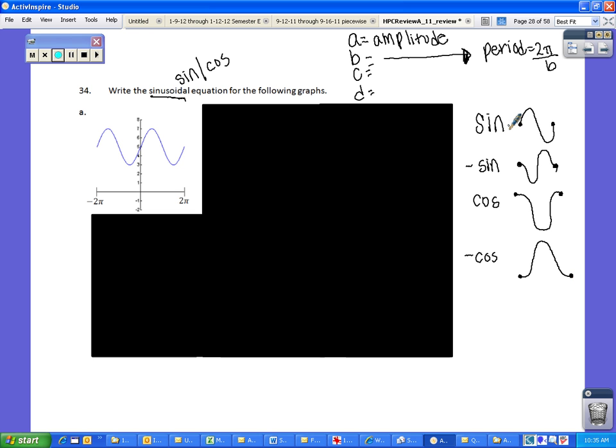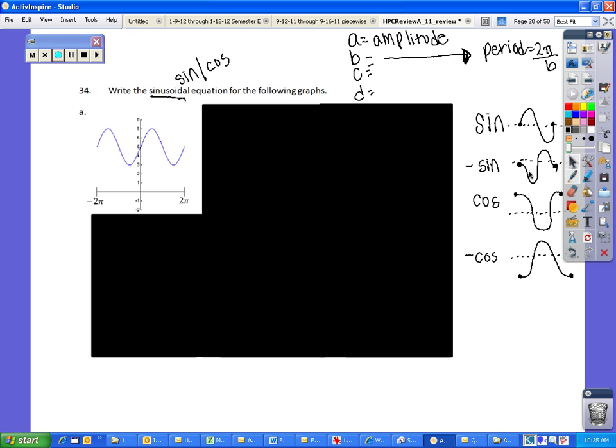So again, your midlines for all of these run like this. Here's your midline for this one, your midline for this one. Your midline is going to be in the middle of a cosine graph, and then the middle of a negative cosine graph. Okay, so those are all of your basic functions. And again, that's just so that you can determine the period.